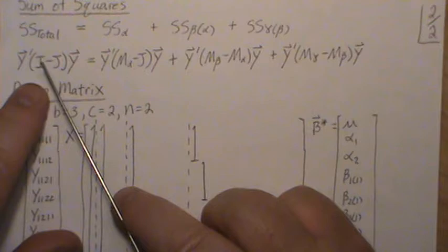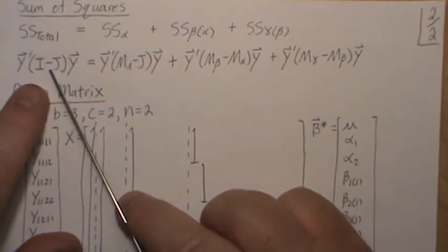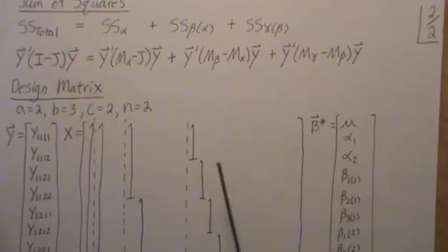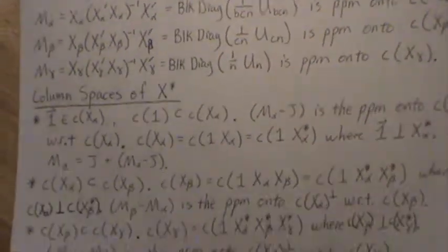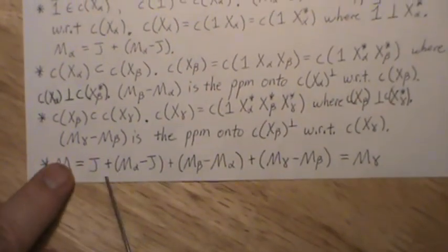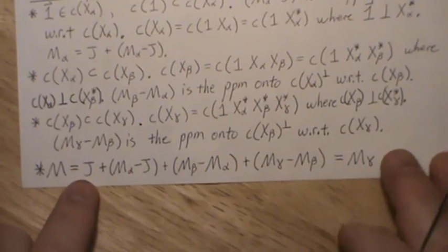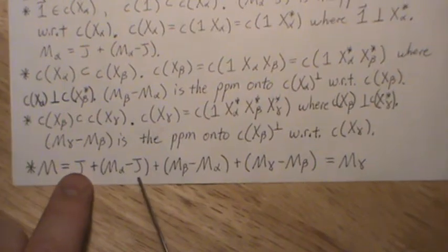Then we can add and subtract M. But we write M in this form here. And then this J will cancel with the J on the previous page I'll show you.